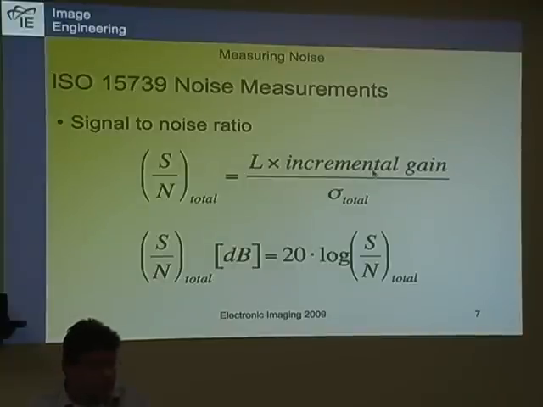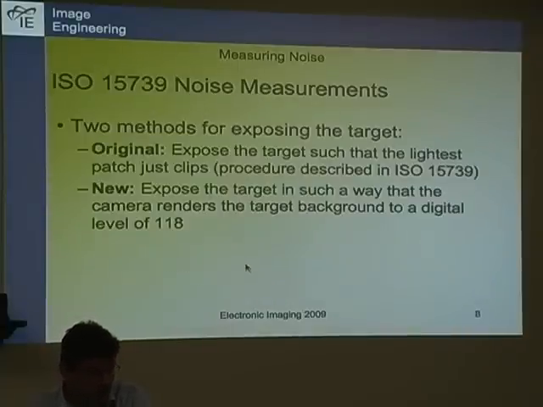Then some people like to report noise in dB, and this is how you convert that signal to noise ratio into dB values. There were some problems with the ISO standard because it didn't really specify how to expose the target and how to compute.